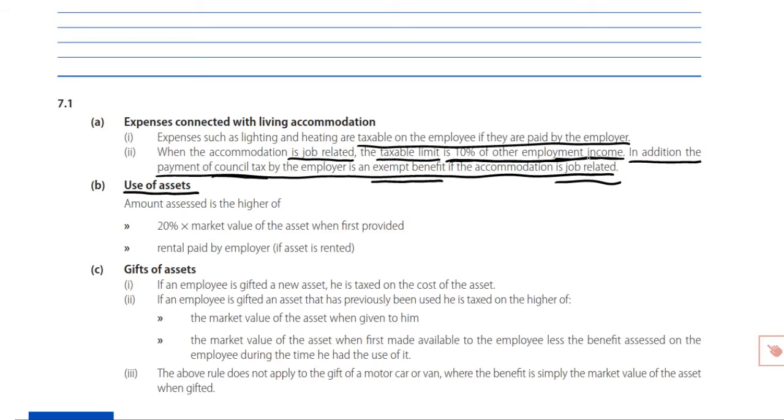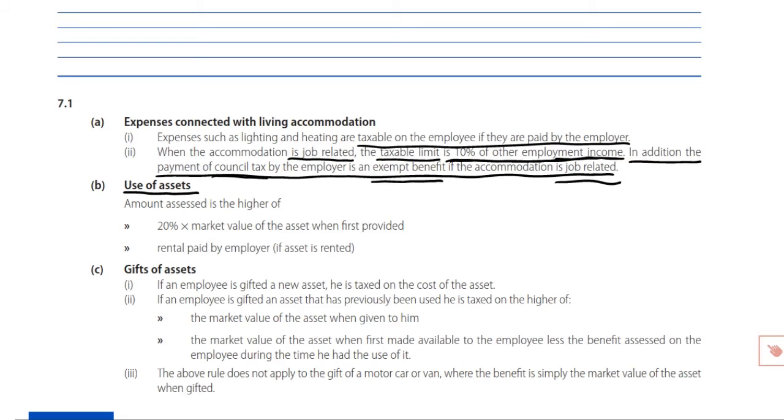Along with, if it's furnished accommodation provided, rather than the employee furnishing it himself, there is a further benefit, which is not a specific benefit on furniture and furnishings. It is a specific benefit for the use of assets other than those that have their own specific rules. Certain assets are picked out within the legislation and they are dealt with independently.